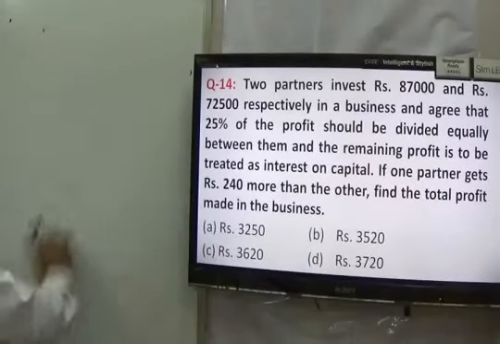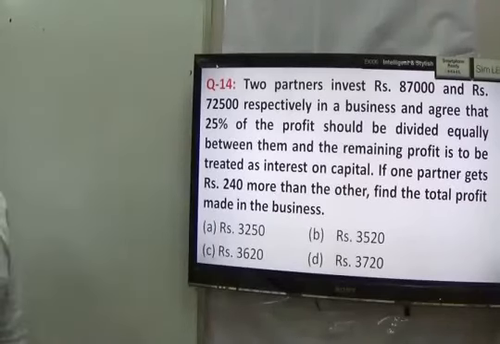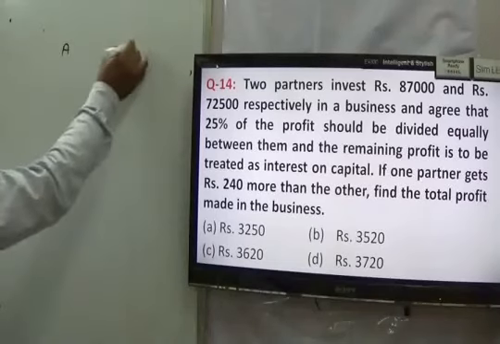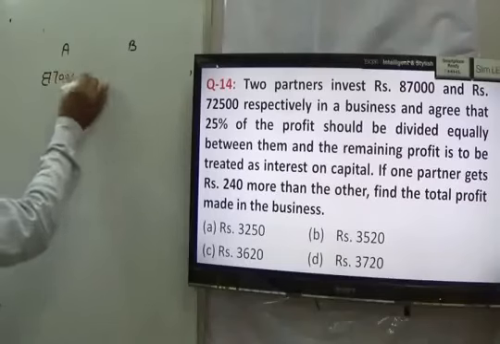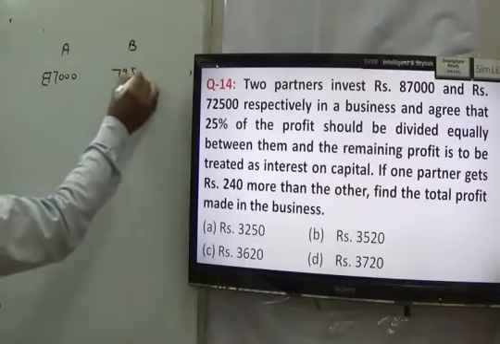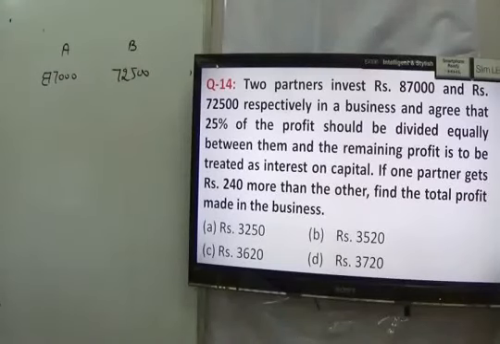Next you have statement number 14. What this question talks about: 2 partners, A and B, invest rupees 87,000 and 72,500. They agree that 25% of the profit should be divided equally between them, and the remaining has to be treated as interest on capital.